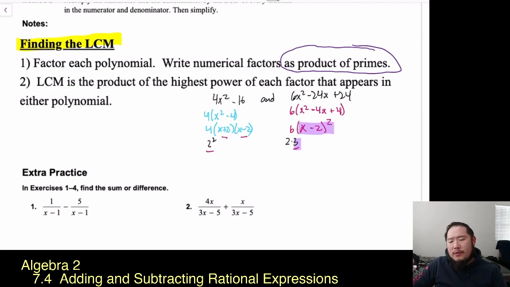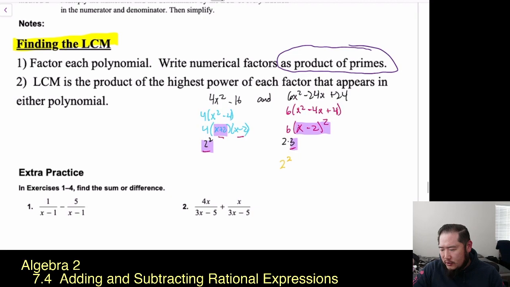So now, what is the LCM? It's going to be a combination of all of this together. And so I'll write 2 to the second power, times 3, times x plus 2, times x minus 2 quantity squared.